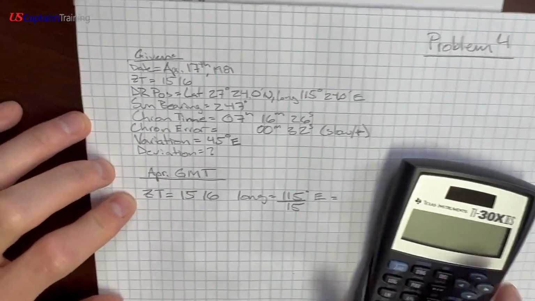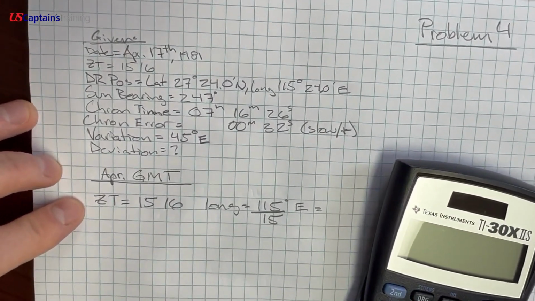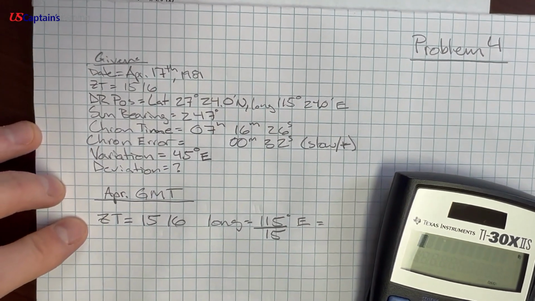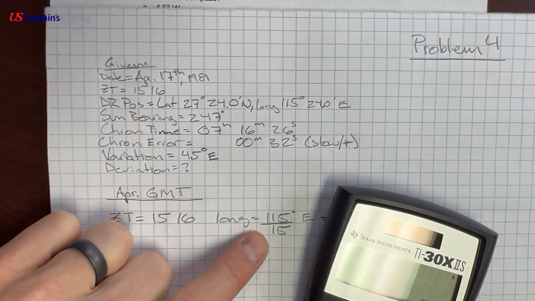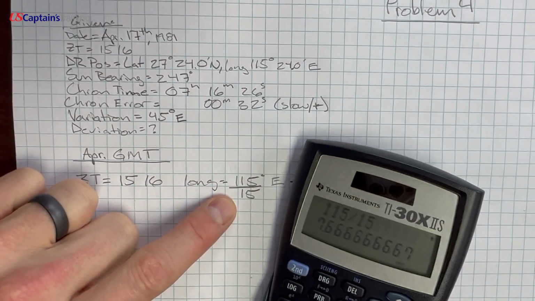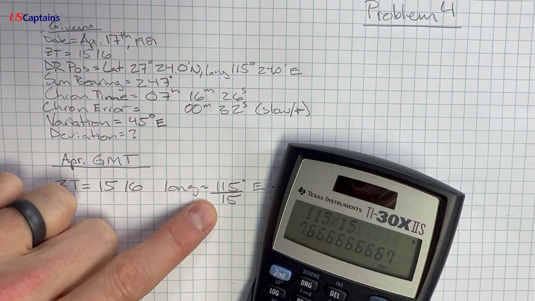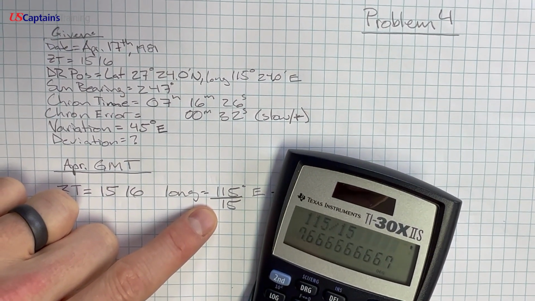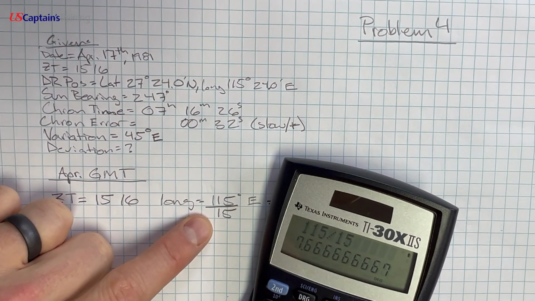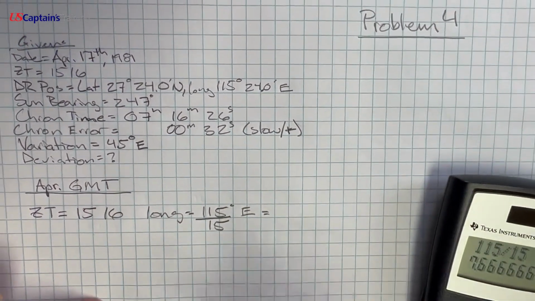If it was really close, like you were really close to 0.5 or whatever, you could use them, but just 115 divided by 15 equals 7.66. So that rounds up to 8. We need to get to the whole number. So 7.7 rounds up to 8.